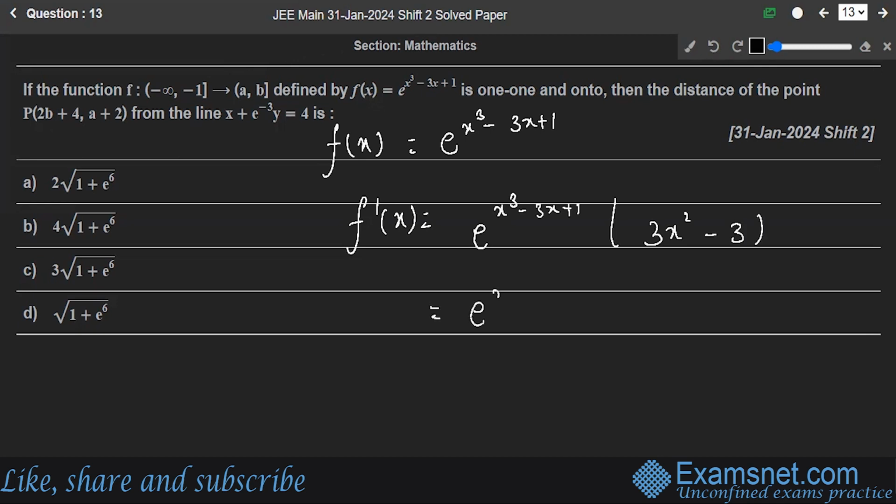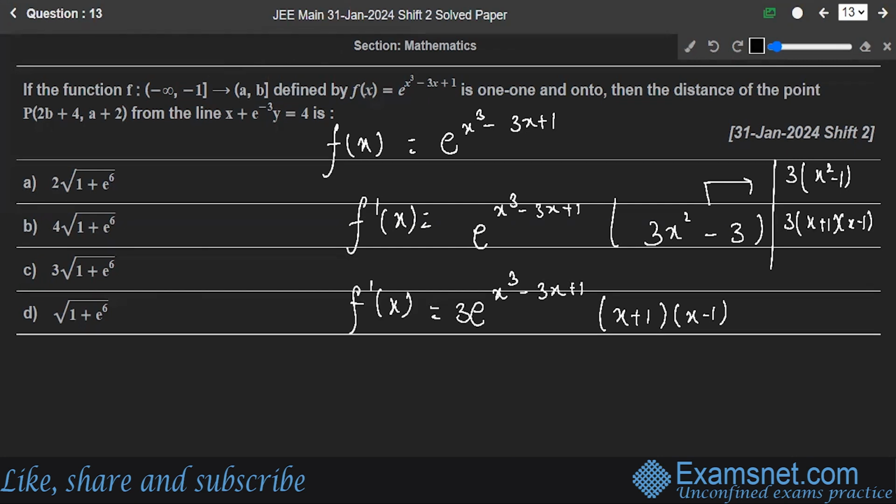This can be written as this. I'm taking 3 common. X squared minus 1 can be written as x plus 1 into x minus 1. See what I did over here? 3 taken common, x squared minus 1 is x plus 1 into x minus 1. This is your f dash x.